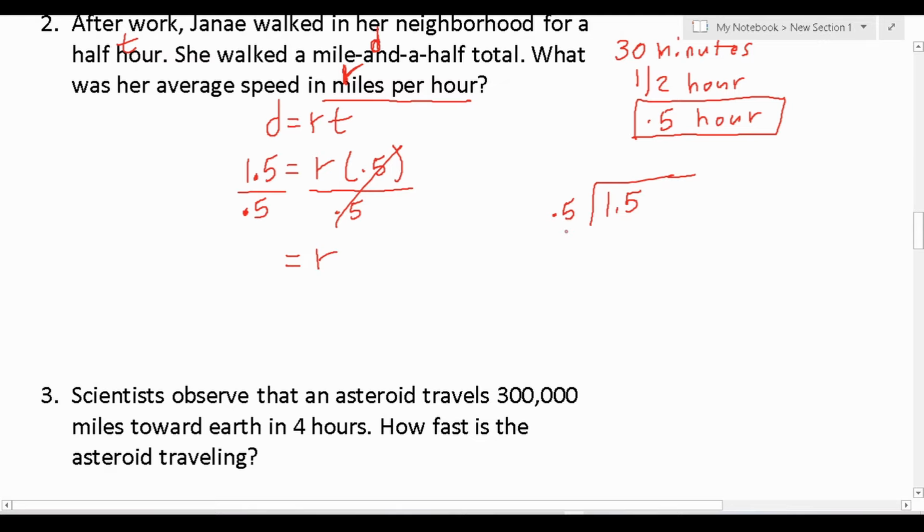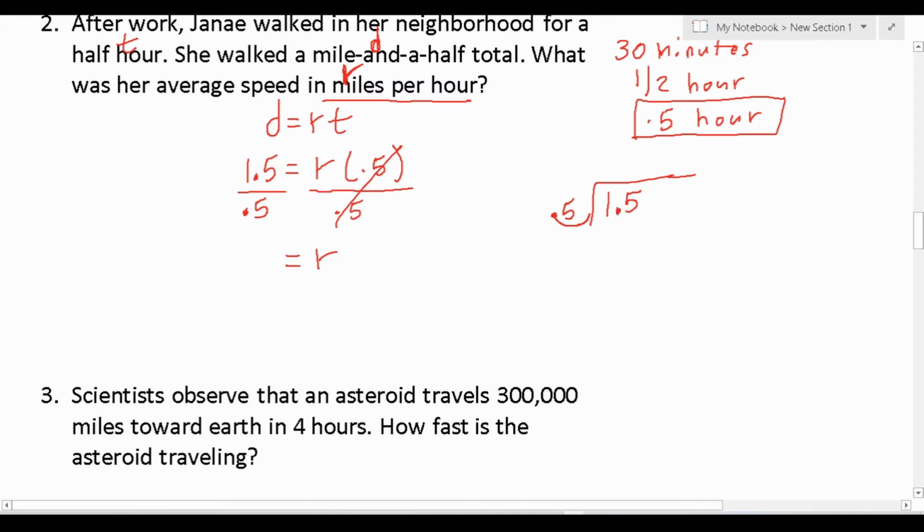In order to do division involving decimals, you have to ensure that the number outside the division bracket is not a decimal. To do that, you have to shift its decimal accordingly. So this 0.5 cannot be a decimal for us to do this long division. I'm going to shift its decimal place one time to make it 5.